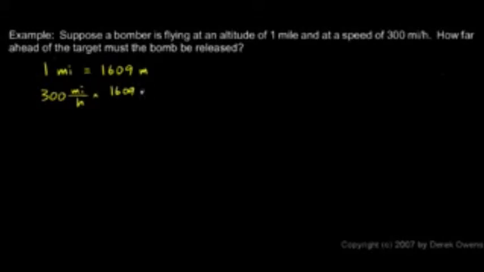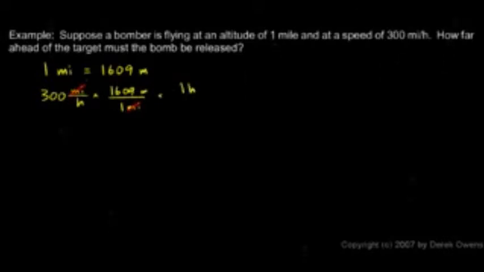So here's what we'll do. I'll start by converting things into our standard units, meters and seconds. 1 mile is 1,609 meters. And then the 300 miles per hour, I'll do a unit conversion. I know that there's 1,609 meters in 1 mile, so the miles will cancel out.